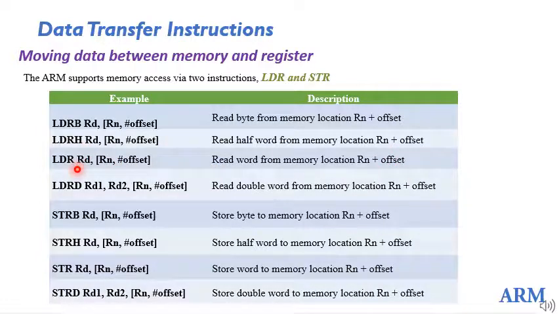The next form is LDRD. In this, 64-bit data is loaded. That is why two destination registers are mentioned here, RD1 and RD2, and starting from the address Rn plus offset, 8 memory locations are loaded into these two registers.